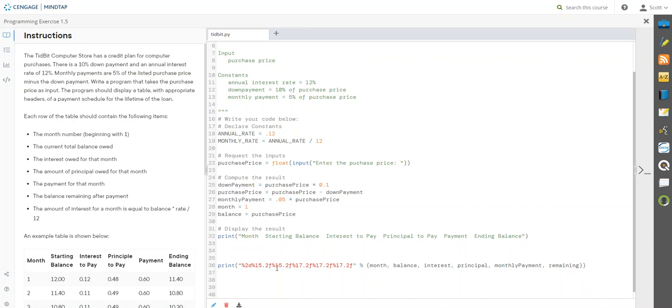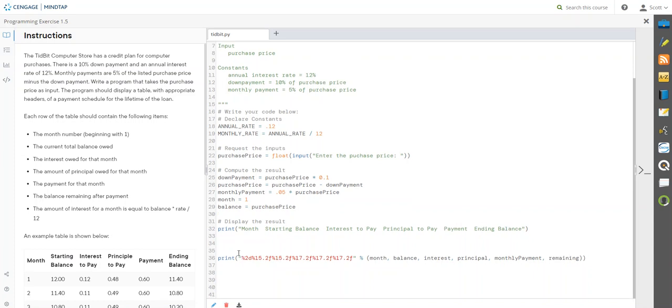Okay. So we've got to come up with a loop that walks through this step by step by step. And if we think about it logically, we're going to pay this note off. And the purchase price is where we start.